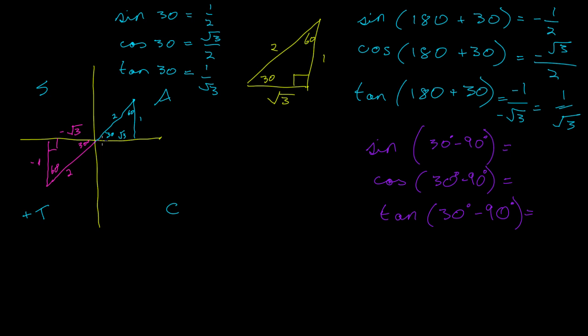Well, we know that if this was 0 degrees, minus 90 would be on this axis right here, the y-axis. So 30 minus 90, that's minus 60, right? If we had to minus 90 from here, we minus a 30, minus another 30, now we're at minus 60, minus another 30, we're at minus 90.